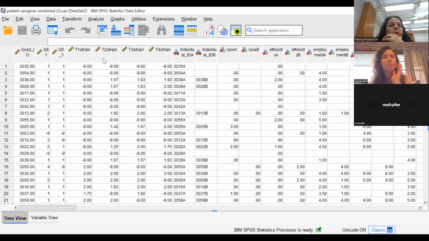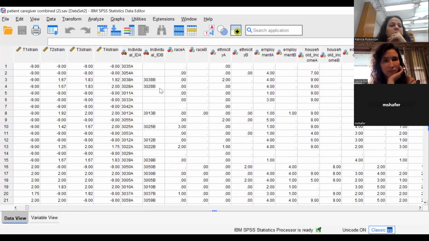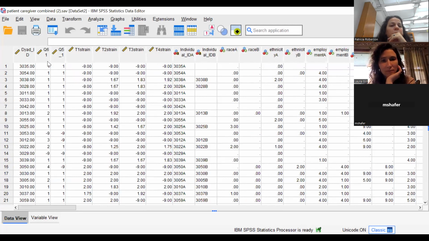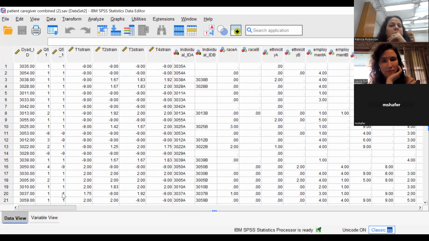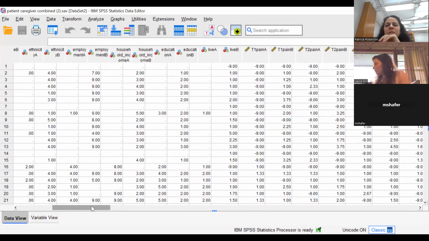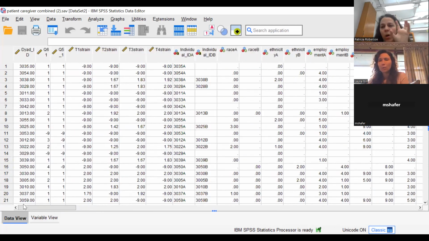So this is wide, partner strain. Technically it's wide because they're dyads, so it's wide in time and wide in dyad, but you don't need to know that.